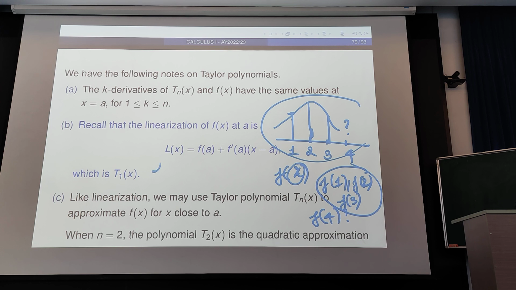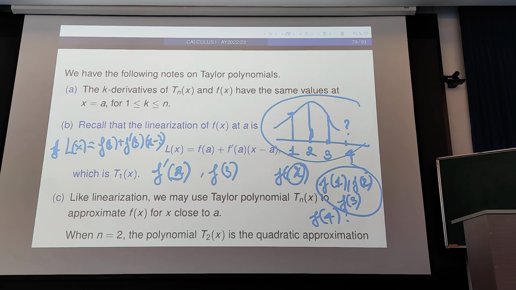That means you have information about f'(a), right? For example, you know f'(3), and you already know f(3). So you have this linearization L(x) equal to f(3) plus f'(3)(x minus 3).